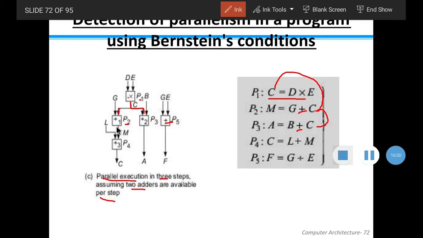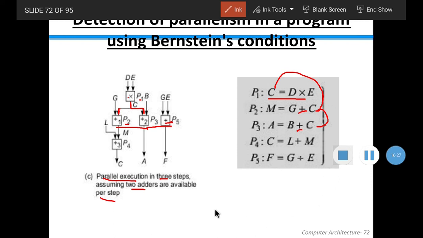So we are executing in parallel here: instead of 5 steps, we are executing in 3 steps. This is how we detect parallelism among the statements and increase the speed of the program.